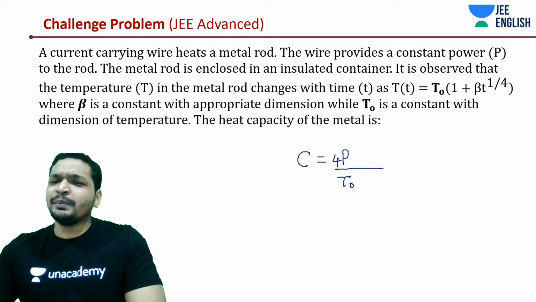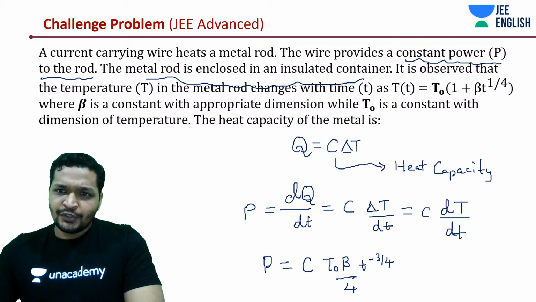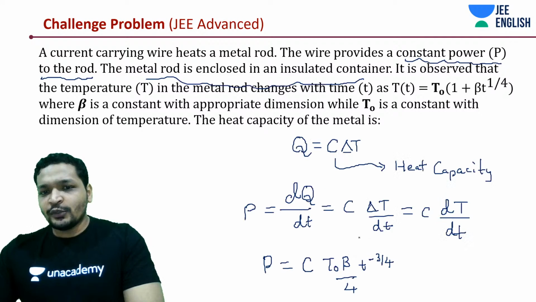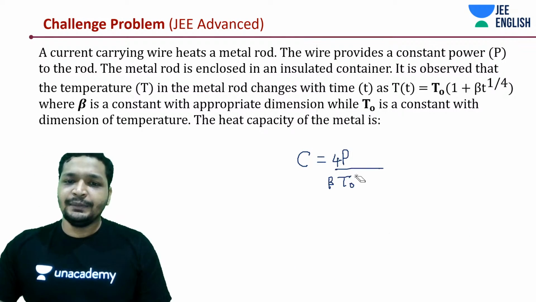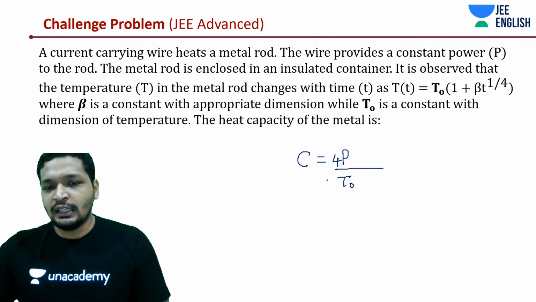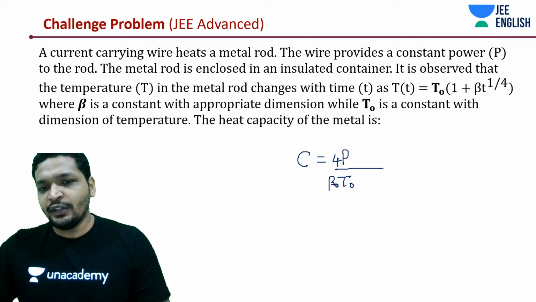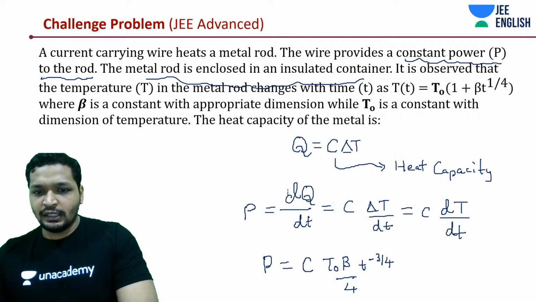So what should the answer be? We can directly guess it. I'll just tell you how to do that, or should we do the entire thing? We'll do the entire thing, but maybe from this step itself we could have guessed the answer. Sorry, it's only beta.